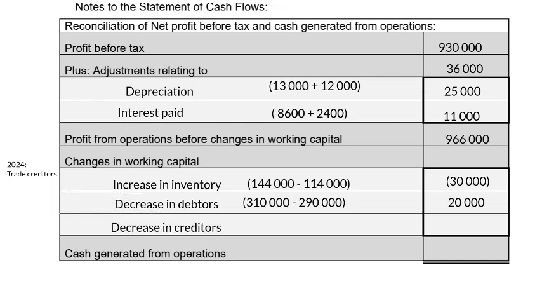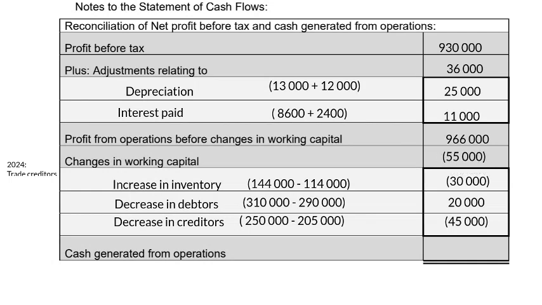So then we have a decrease in creditors. 250,000 minus 205,000 gives us (45,000) in brackets. So our change in working capital will then be a decrease of 55,000. Cash generated from operations then amounts to 911,000.